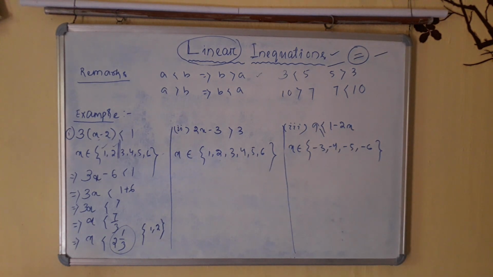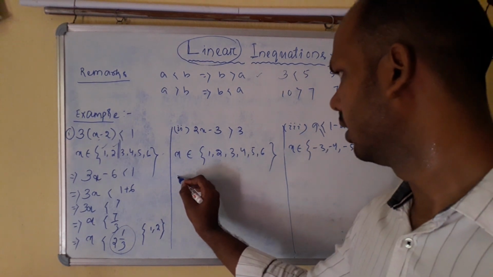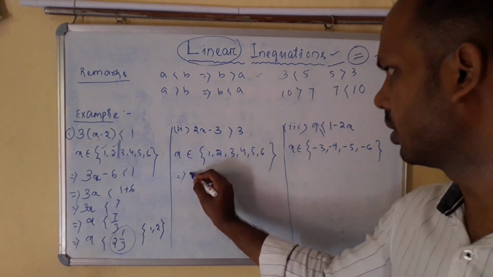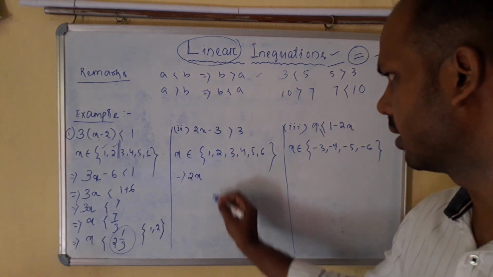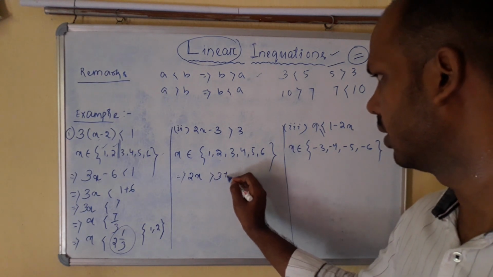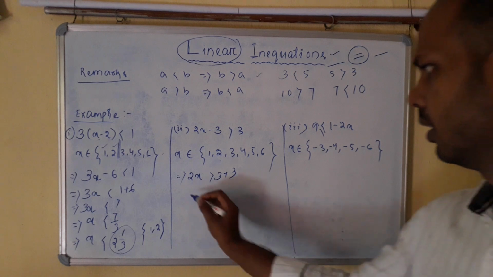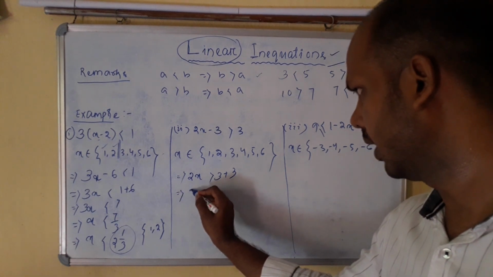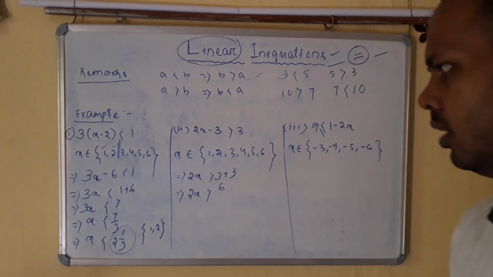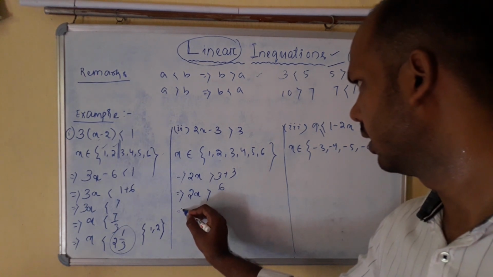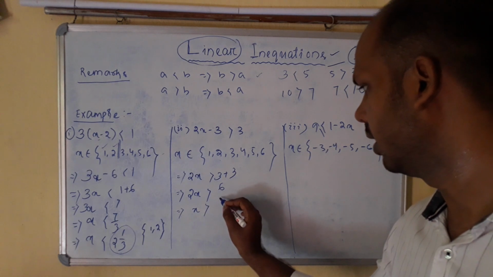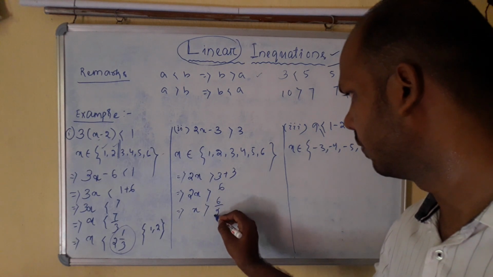Next, 2x minus 3 is greater than 3, and the replacement set is 1, 2, 3, 4, 5, 6. Let's solve it. If I add 3 on both sides, 2x minus 3 plus 3, the minus 3 and plus 3 cancel. Next, 2x is greater than 3 plus 3, which is 6, and x is greater than 6 by 2.